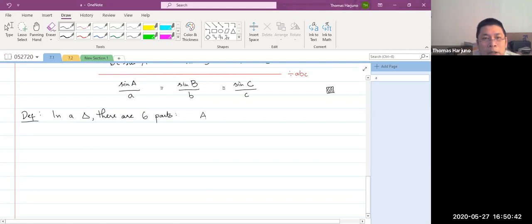We will have 3 angles and we will have 3 sides. To solve a triangle is to find the values of all these 6 parts.